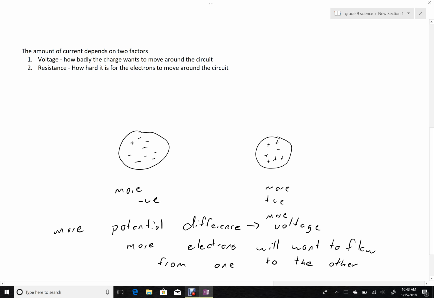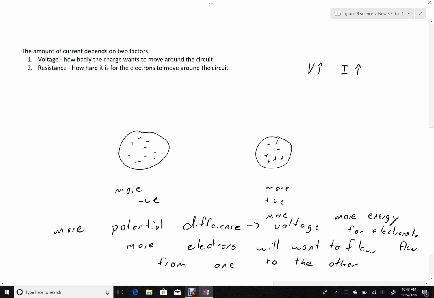And so that's more energy for moving around. And so basically that means they want to move really, really badly around the circuit. And so if they want to go really fast, that will make the current go up. So as voltage goes up, current goes up.